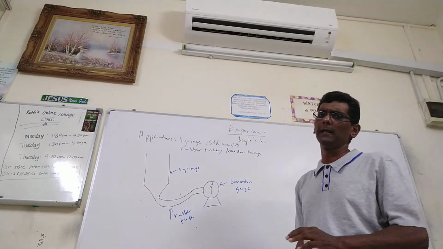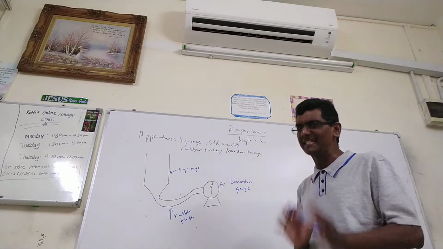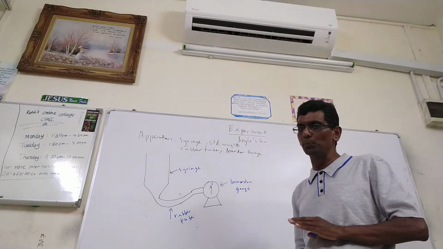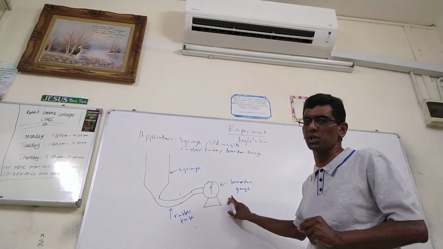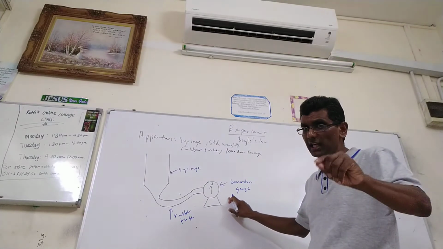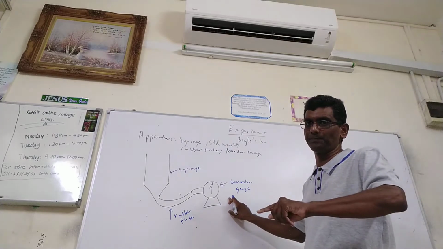First of all, they want to study the relationship between pressure and volume. The Bourdon gauge is an instrument to measure pressure.